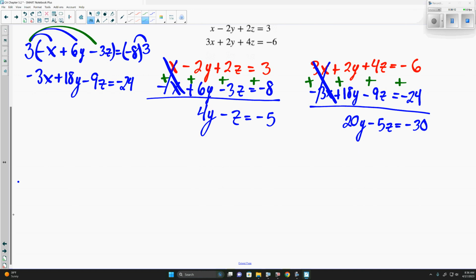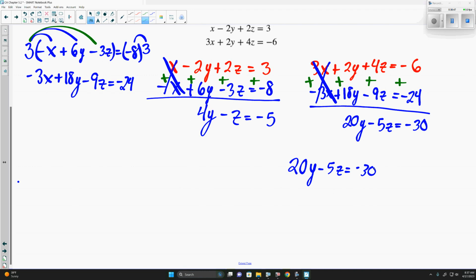Now, unfortunately, at this point here, we're going to have to change the value of one of the two variables to get another one to cancel. Which one do we want to eliminate next, y or z? Z. So when we look at this here to changing the variables, we always want to go up. Now, since the number in front of z is 1, our other equation, 20y minus 5z equals negative 30, can remain the same.